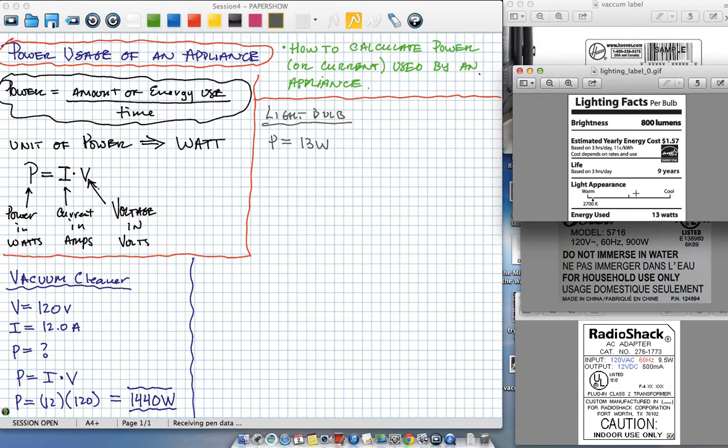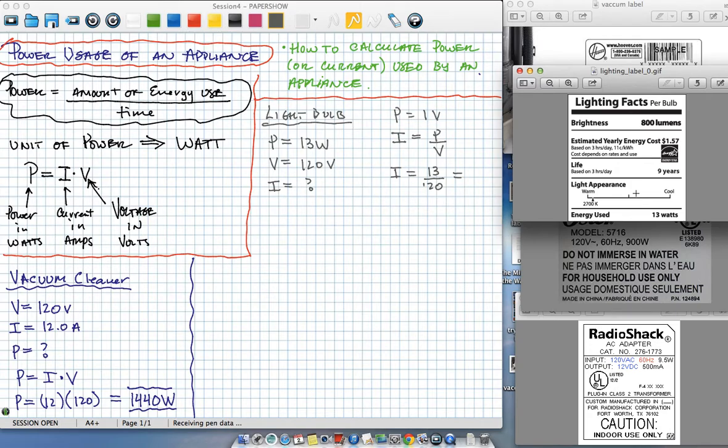Now, all electrical appliances that we plug into the wall have a voltage of 120 volts in this country. So what we can do is calculate what I is. I know that P is equal to IV, so that means that I is going to be equal to P divided by V. I is equal to 13 divided by 120.